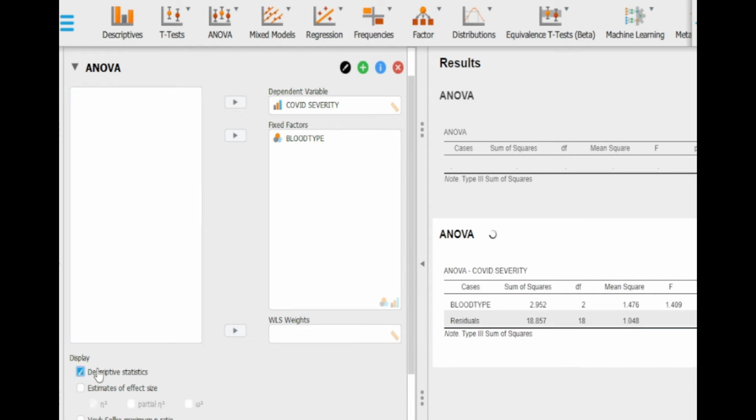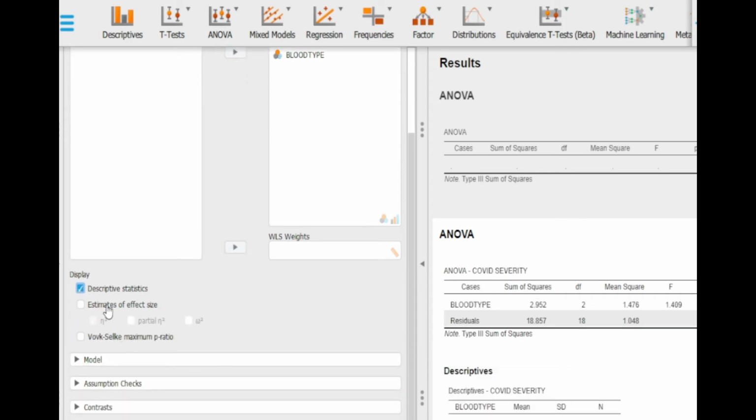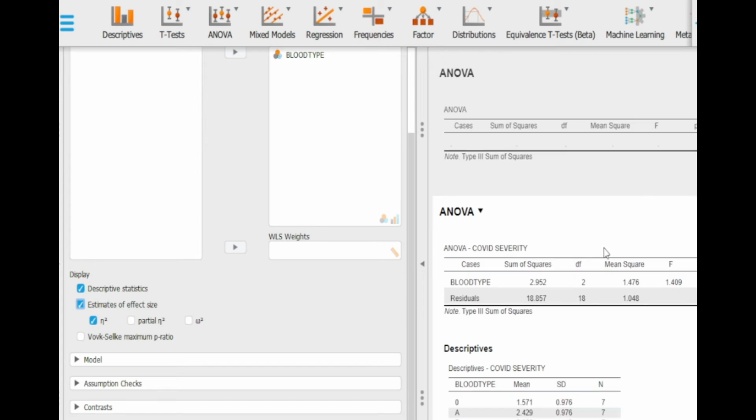You can have descriptive statistics and estimates of effect size. Here's now our result of our ANOVA. Let's maximize the screen.